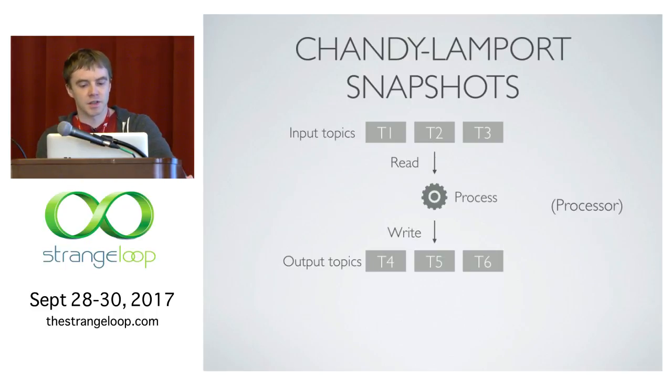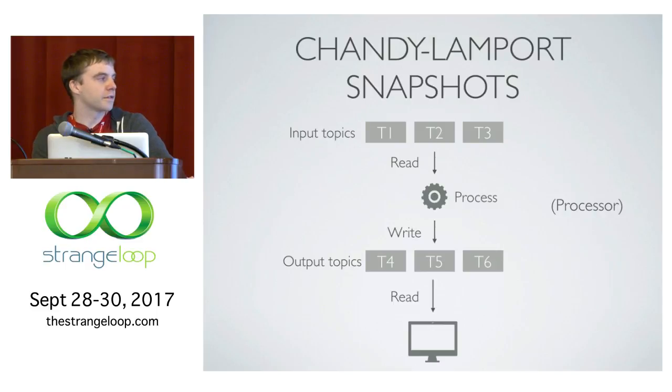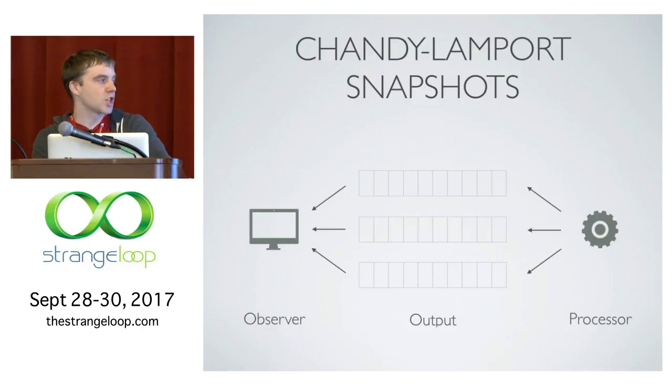So we've talked a lot about this processor. Of course, we're processing this data intending for it to get consumed by someone. So we have an observer from the Chandy-Lamport perspective. What we want to do is think about these output topics as basically a channel that the processor is using to communicate with the observer.